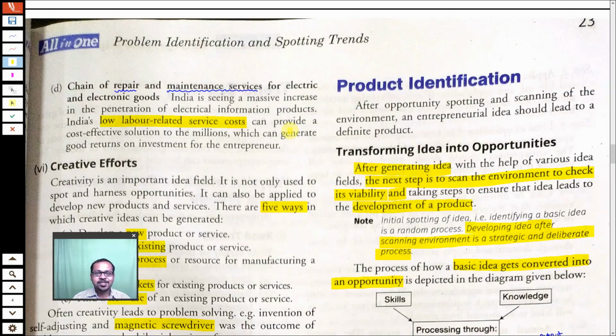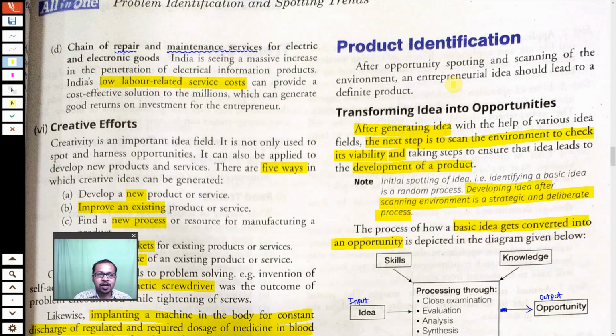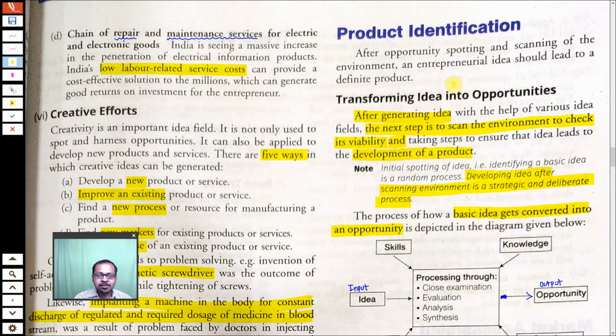Good morning, students. So today in the second part of this video about chapter number 2, we need to go through product identification. In the last session we learned different idea fields, means how we can get the idea.